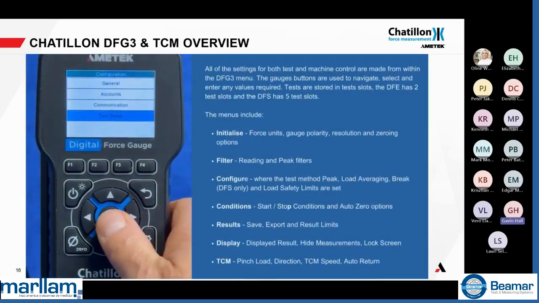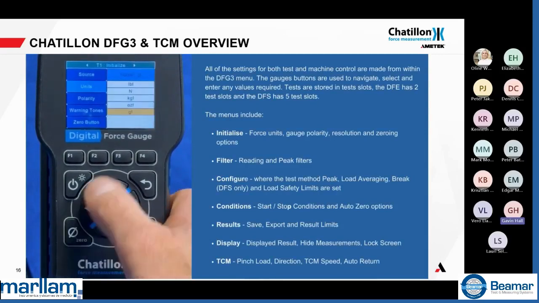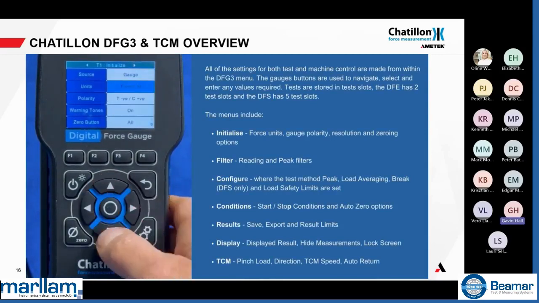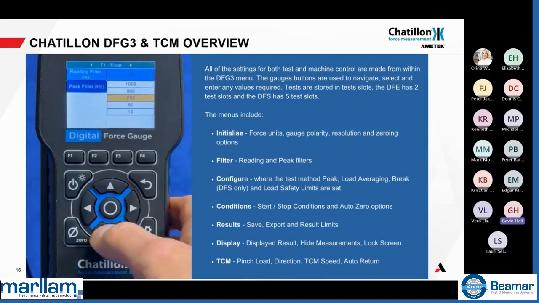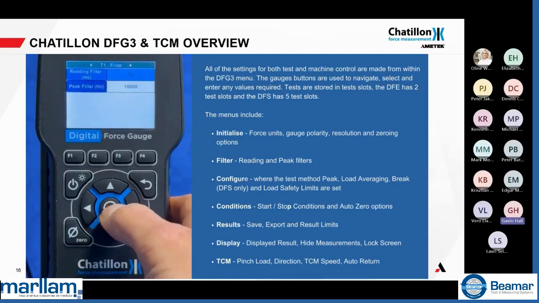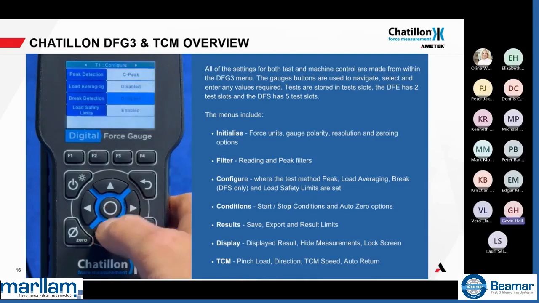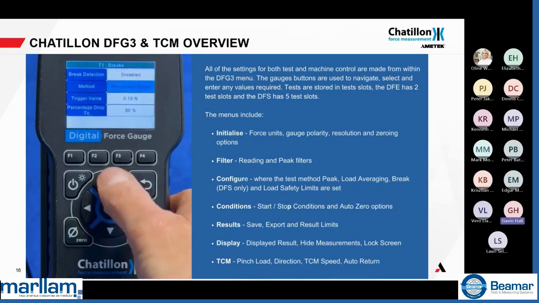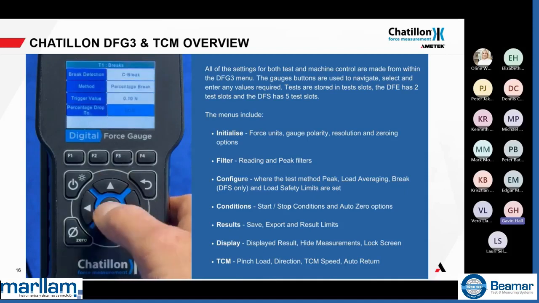Looking at the digital force gauge, we can make settings from the control of the gauge. It has an inbuilt menu, and within that menu, we can set up a complete test. We can choose the force units, so we can do metric or imperial units. We can choose the polarity of the gauge, which direction force will be measured in, and we have a number of configurations.